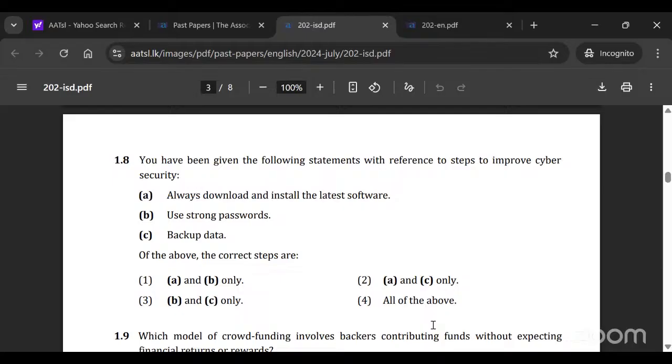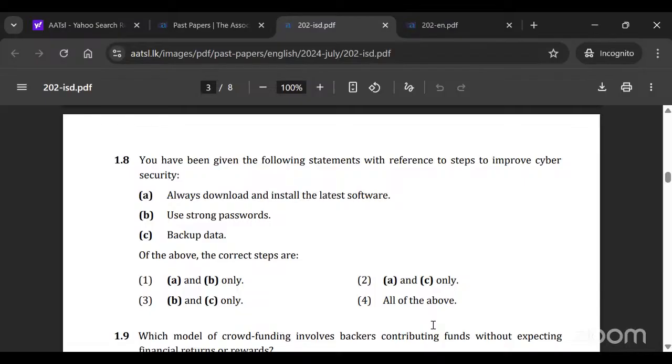If the software is not updated frequently, that is risky, right? Viruses are updating, malwares are updating. Then the security methods and software should be updated to avoid these cyber attacks.